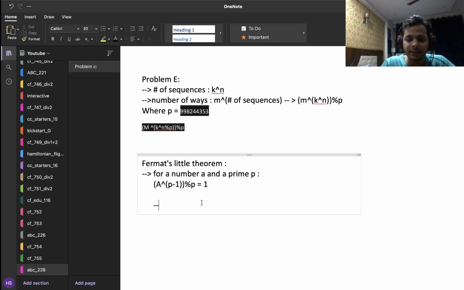So our final answer here is m raised to the power k raised to the power n modulo p. Okay, let's say that k raised to the power n is equal to some number x, right? So then our final answer becomes m raised to the power x modulo p. Okay, so let's take k raised to the power n to be x.